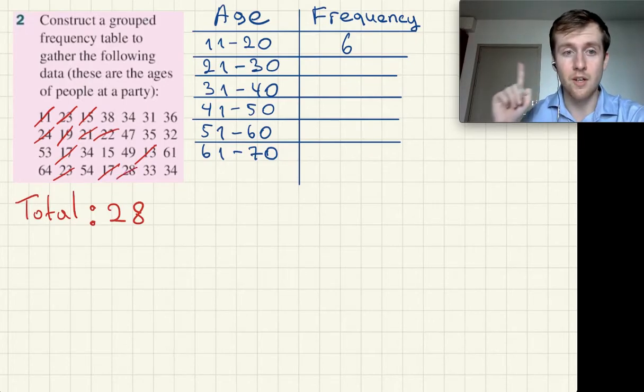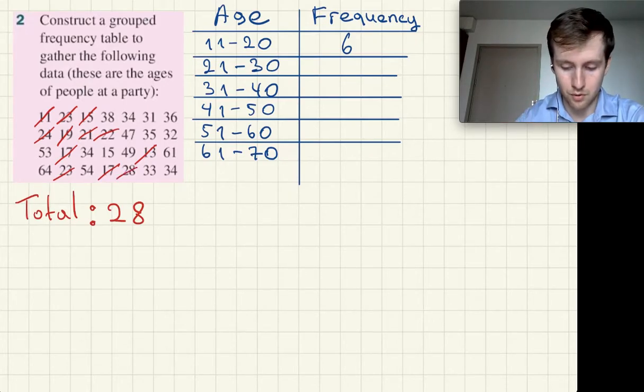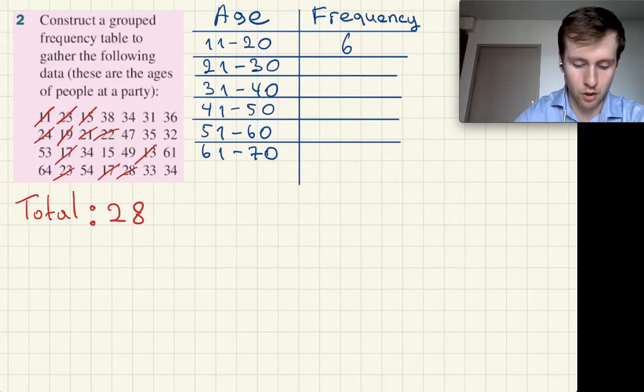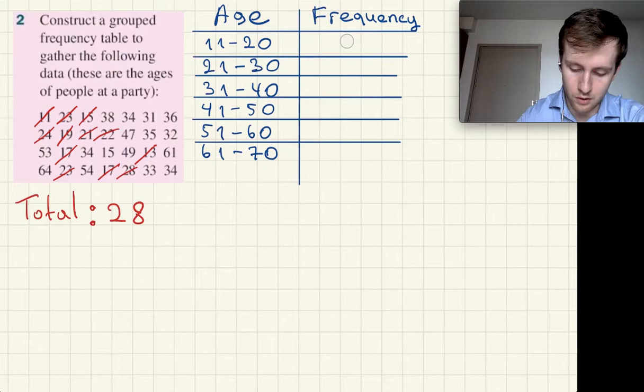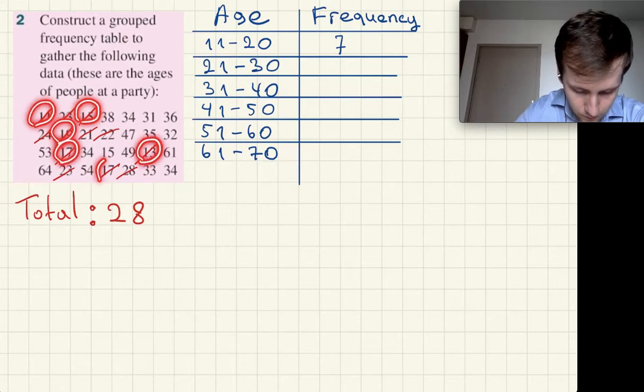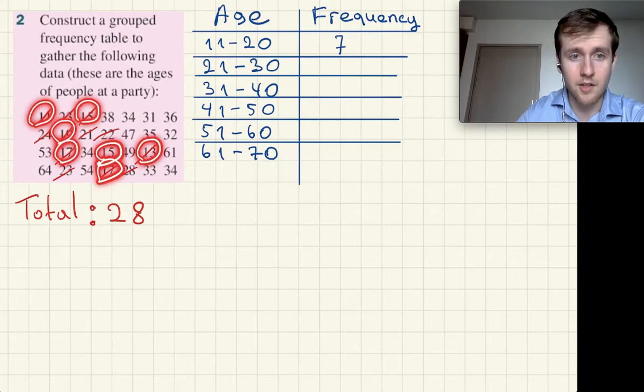Oh, you see, this is why I tell you to do this, because you see I just missed 15 in here. So actually it's not 6. Actually there is 7 of them in the first group. There are 7 people. Okay, so again we go 1, 2, 3, 4, 5, 6. This is 7. 7 people, 11 to 20 years old.